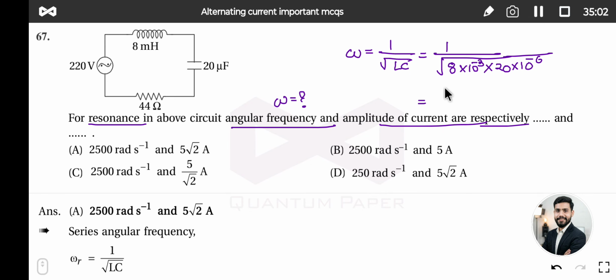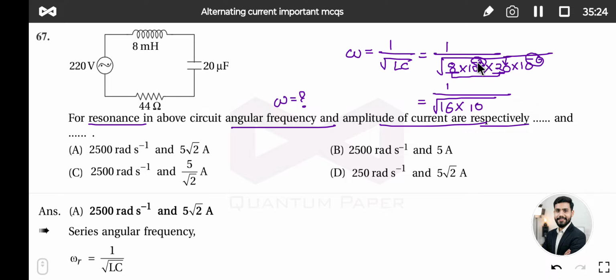So if you solve this, 8 multiplied by 2, just the numbers, 8 into 2 is 16, so root of 16, then multiply by 10 to the power. Now just add the powers: here it is minus 3, here it is minus 6 which is minus 9, and one more 10 is there that we have not counted, so that power we have to add up.